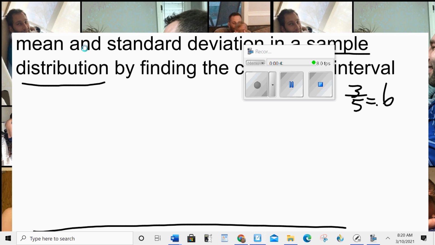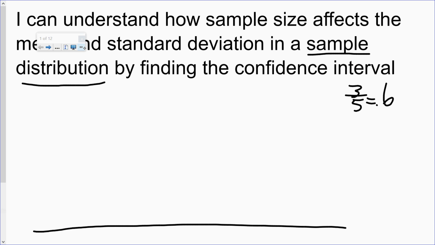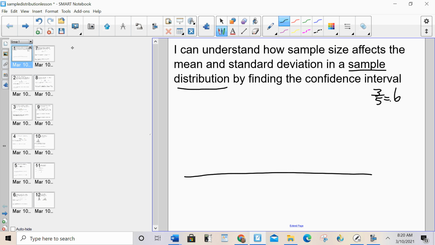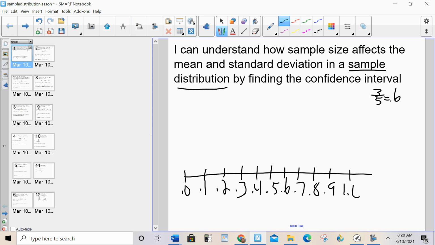And if I did 0.0, 0.1, 0.2, 0.3, 0.4, 0.5, 0.6, 0.7, 0.8, 0.9, and then 1.0. So I would put a little X above the 0.6 because that represents what I got. Now I'm going to do that again.